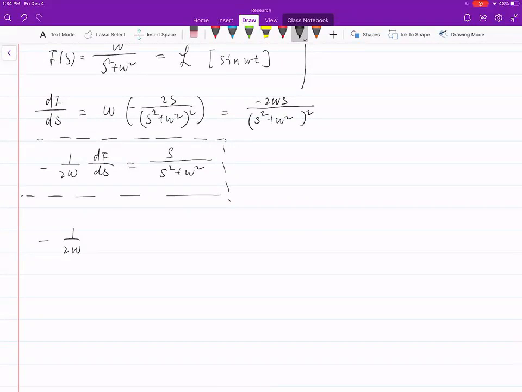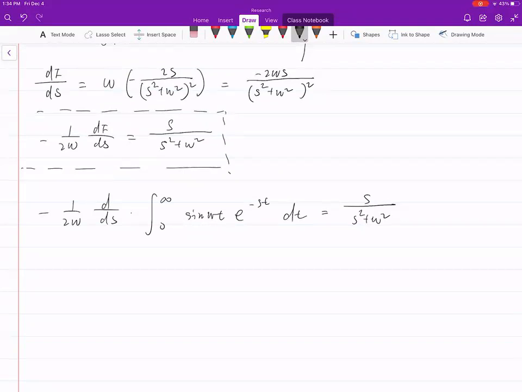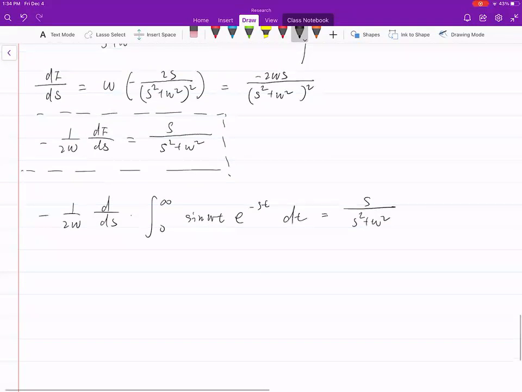What is f again? F is the Laplace transform of sine omega t. And this one should give you that. Okay. Now, do you know how to take the derivative of the whole thing here with respect to s? Where is s? S is here. Everything else will be in terms of t.